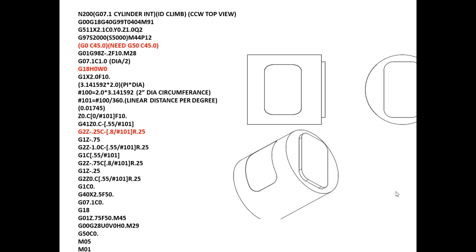The C-axis is not a dimension anymore. We need to convert to the angle. Depending on your diameter, if your diameter is smaller, the same dimension will be a much bigger angle. So that's the trick of this G7.1 cylindrical interpolation program.